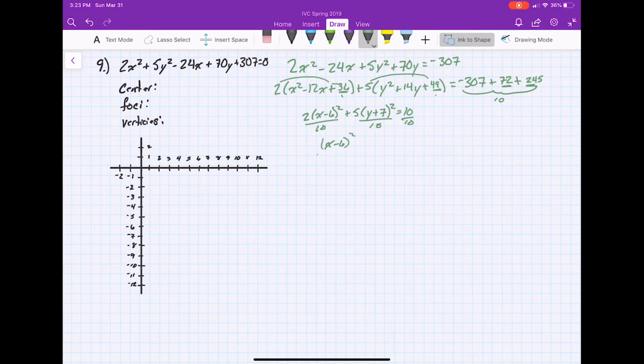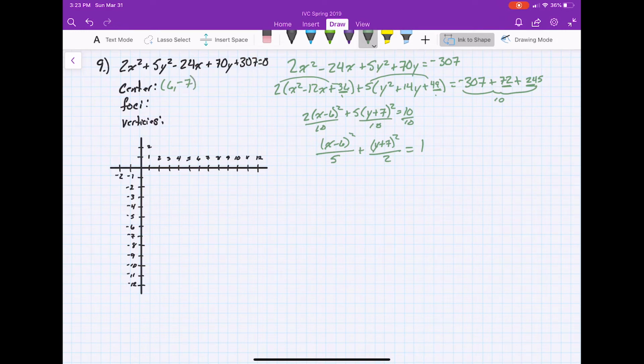So we will get (x minus 6) squared over 5 plus (y plus 7) squared over 2, and that will be equal to 1. That is our equation for this. So now we can see our center is 6, negative 7.